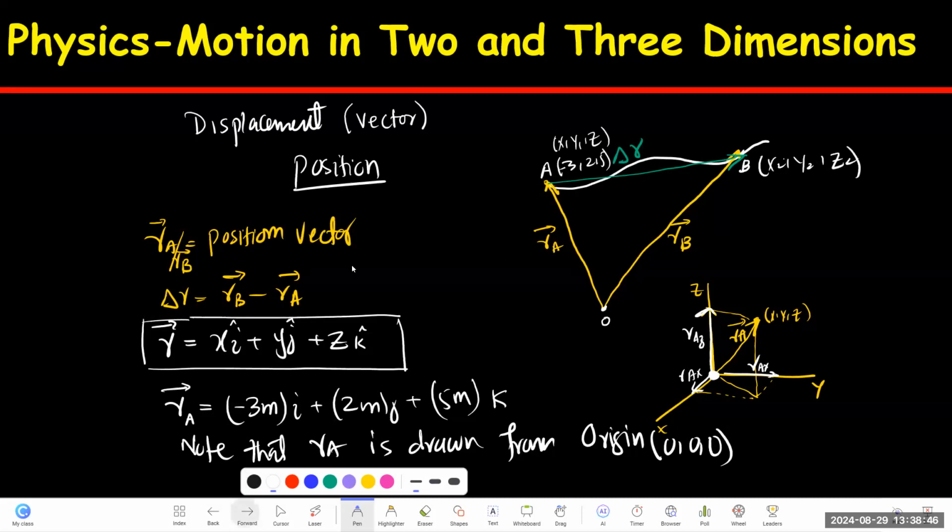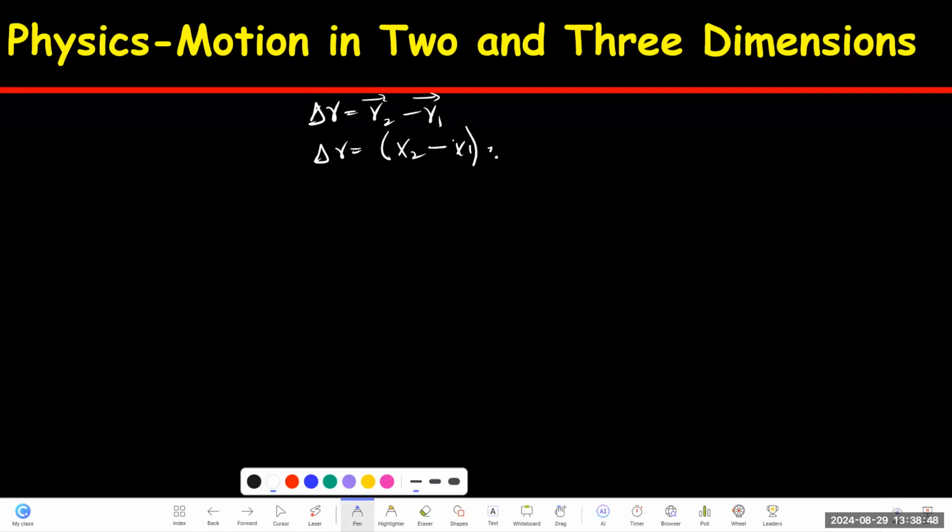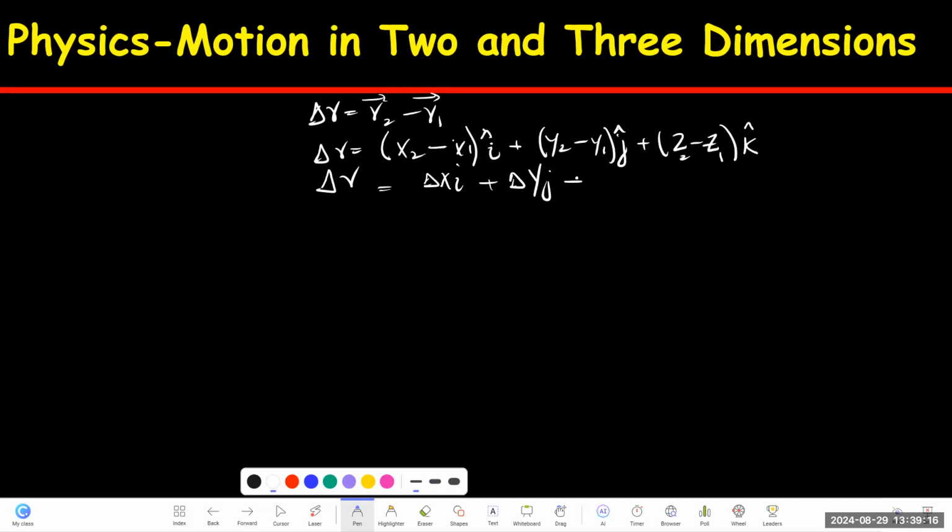And these are the values I'm substituting here, times i, then plus y2 minus y1 times j plus z2 minus z1 times k. I can also write this in another form: delta x i plus delta y j plus delta z k.